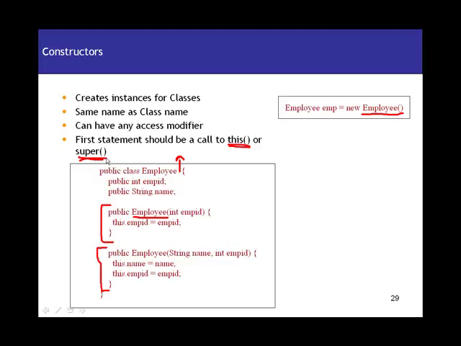So basically the first statement in any constructor should be a call to either this or super. And if you don't put any call to this or super in your constructor, by default the compiler is going to put a super call as the first statement in your constructor.